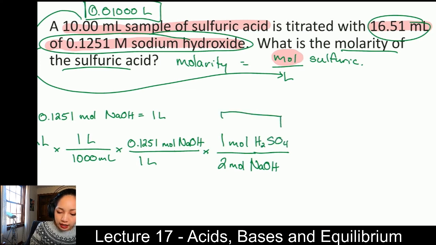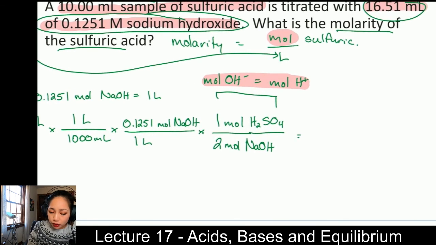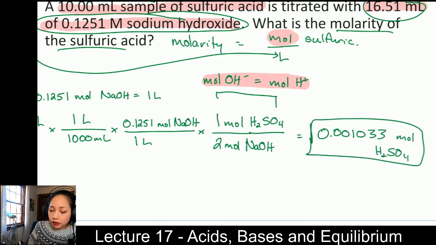Essentially what we're saying here is that moles of hydroxide must equal our moles of hydronium, or H plus, coming from sulfuric acid, but we're just using stoichiometry. So now we have moles of sulfuric acid, and you can just calculate that. You get 0.001033 moles of H2SO4. So that's how many moles of sulfuric acid there are.